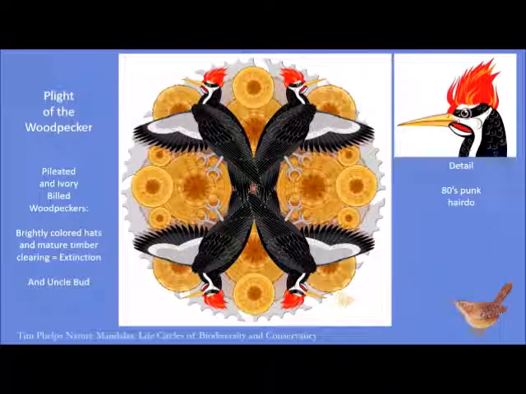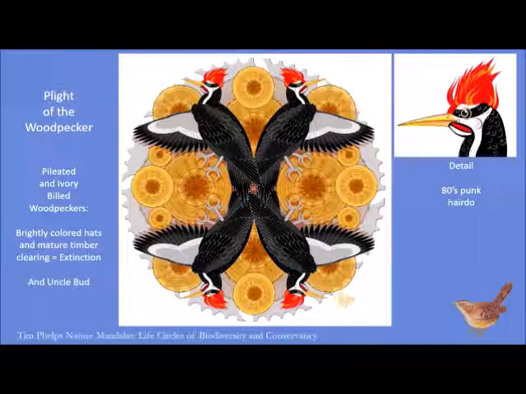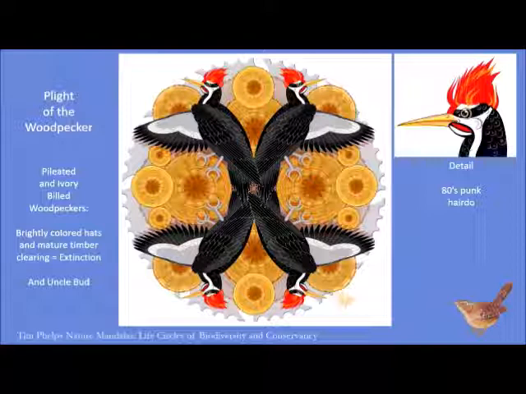Plight of the woodpecker. We know that the ivory-billed woodpecker was brought to extinction by deforestation. But my Uncle Bud, in his later life, was an ornithologist. When I was young, he used to take his daughter, my cousin Jenny, and me out in the field with him, and he would set traps at night, and we would see in the morning what had been caught and what he had banded.